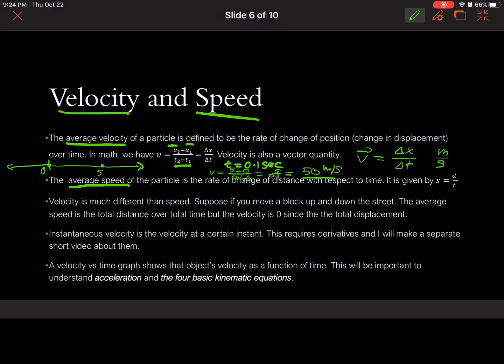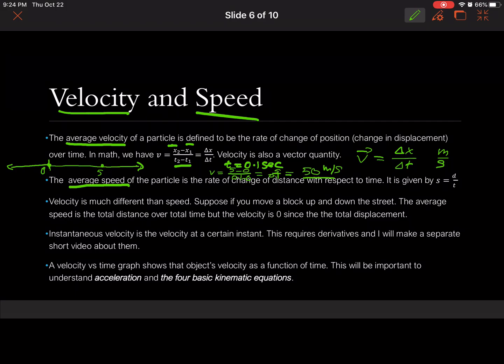It's the rate of change of distance over time, not the rate of change of position. So it would be two times the distance between the desk and wherever else I put it, divided by the time taken to do it, and that's the speed, and the speed is not 0. So that's how velocity and speed are different. Speed is rate of change in distance over time, and velocity is change in position over time.